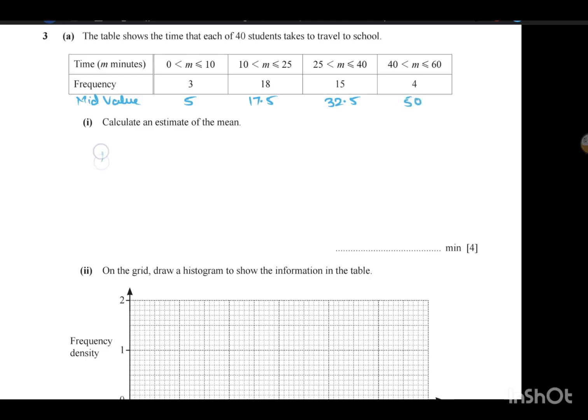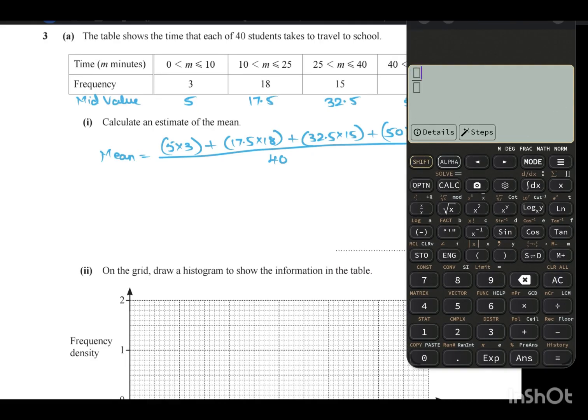Then the mean will be mid value multiplied by frequency, plus mid value multiplied by frequency, and so on, divided by the total number of students, that is 40.